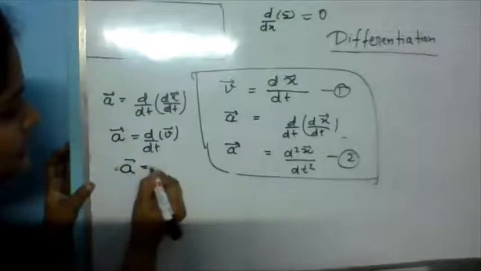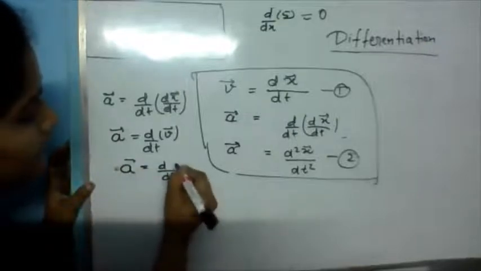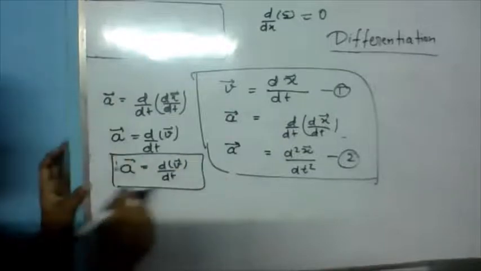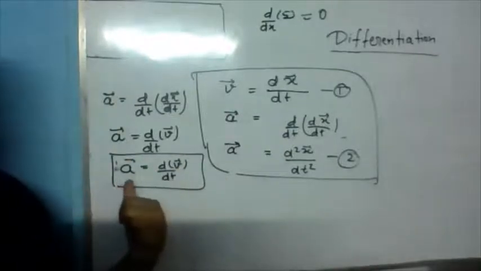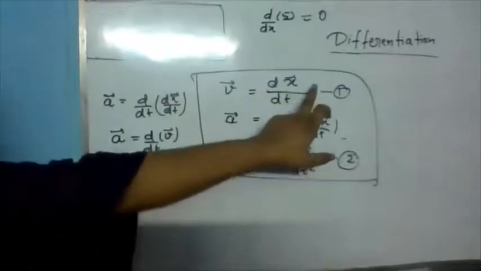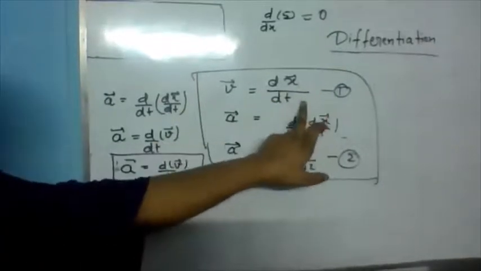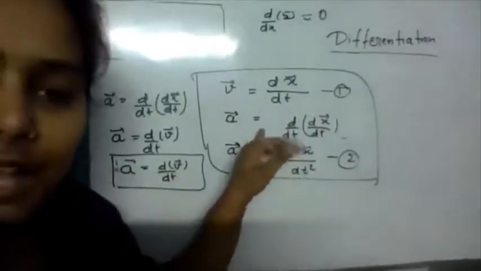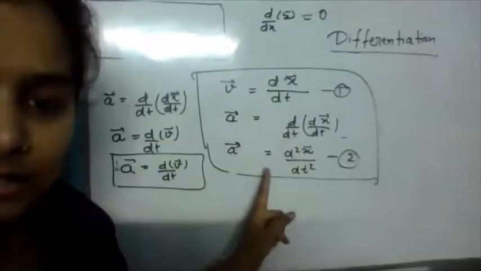So, it means if I differentiate velocity with respect to time 1 time, then I will get acceleration.